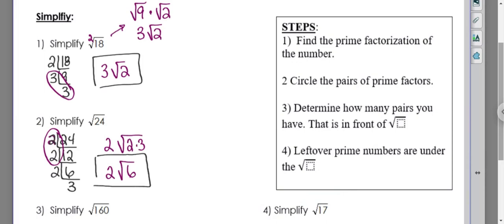Now, the other thing I need to mention: the Casio calculators simplify the radical themselves, because they do. I believe there's one Texas Instruments that does as well. But if you have a TI-30, you're fine. Keep in mind, if you have one of the Casio calculators, I'm not going to prevent you from using it now. But when it comes to assessments, you will not be allowed to use that Casio calculator because it simplifies them for you.